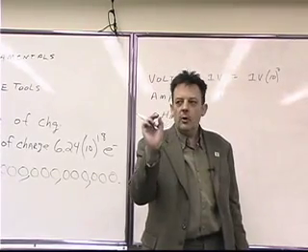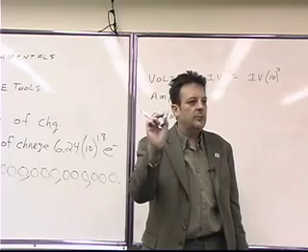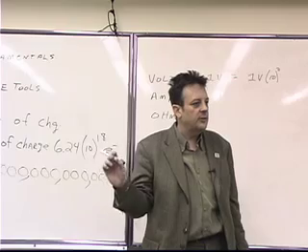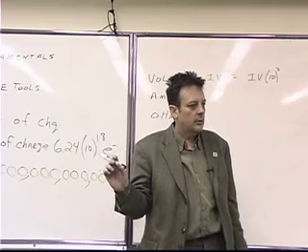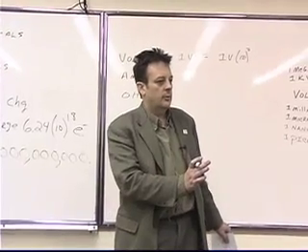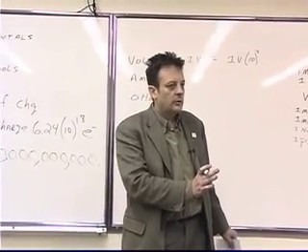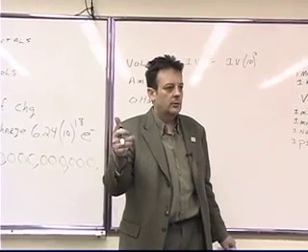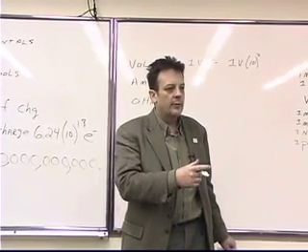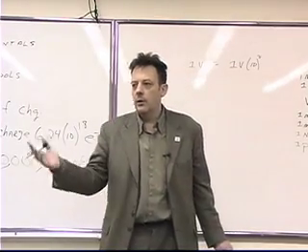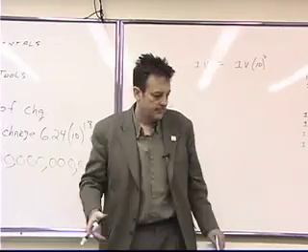A very small subatomic particle that can't even be seen by the human eye, just like a water molecule can't be seen by the human eye, is flowing in huge numbers through the wire to do something useful. Run a hairdryer, run a microwave oven, run your TV set, whatever. Okay?